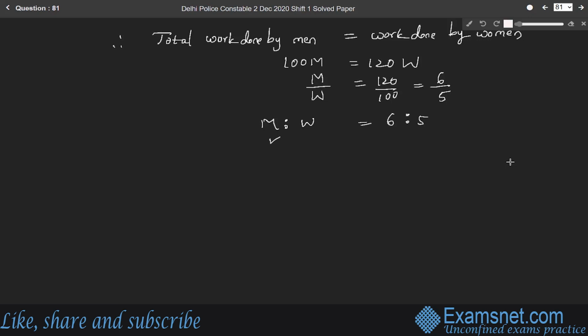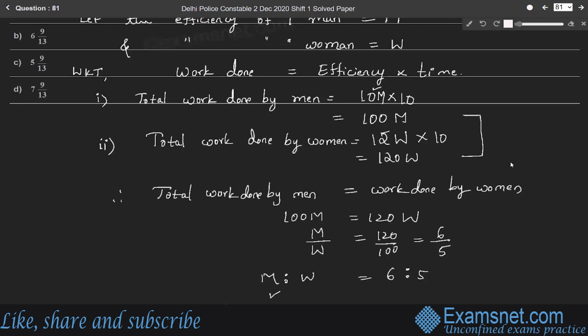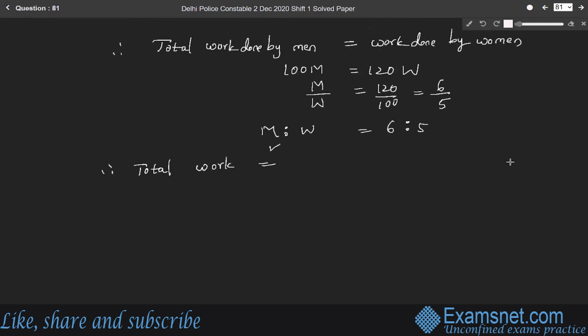So what is the total work? You can take either case. Total work is 100 into the efficiency of each man, that is 100 into 6, which is 600 units.